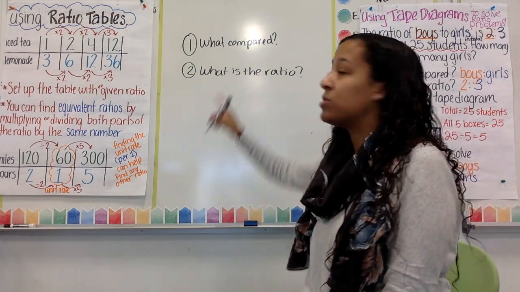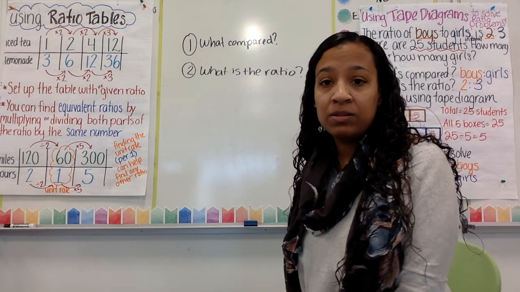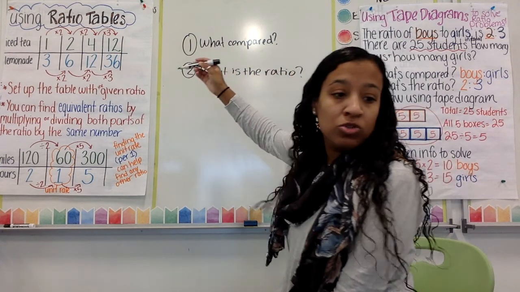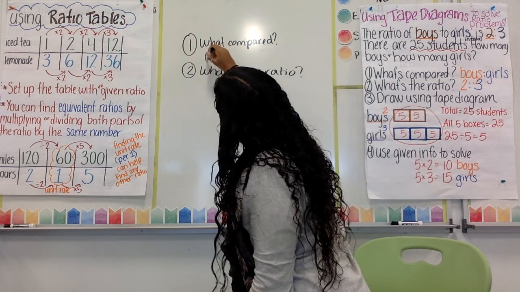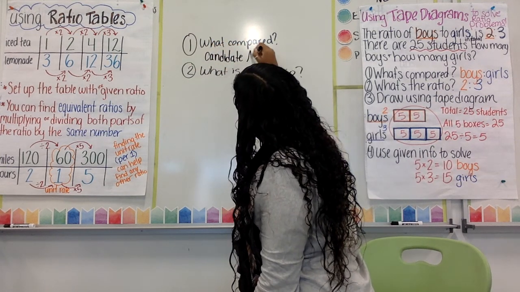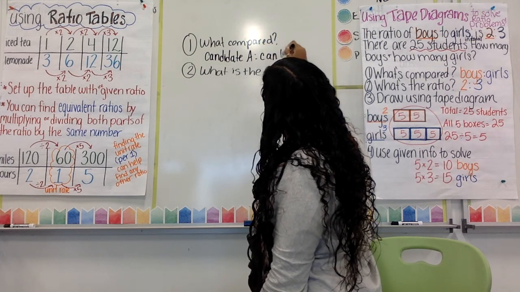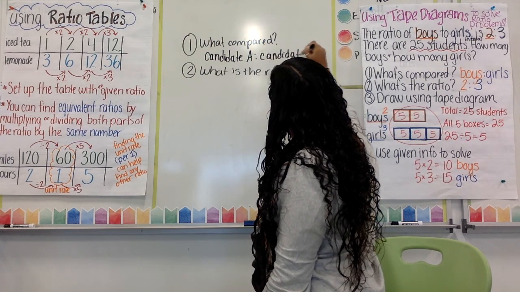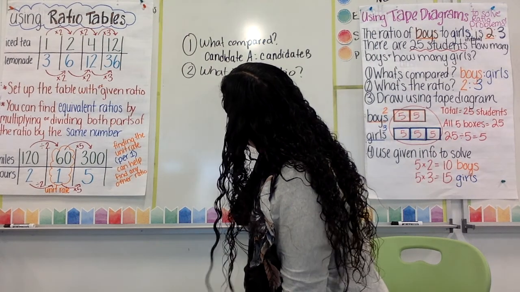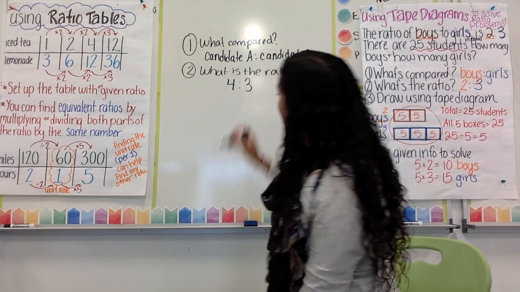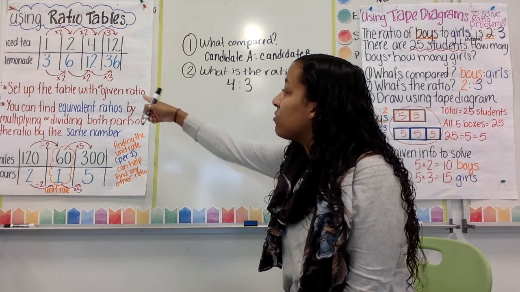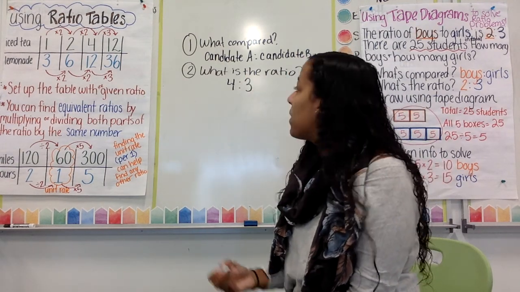We've got our same steps. 1, what's being compared? We're comparing candidate A to candidate B. What's the ratio? 4 for A, 3 for B. And now I'm going to use a ratio table to set up my problem.